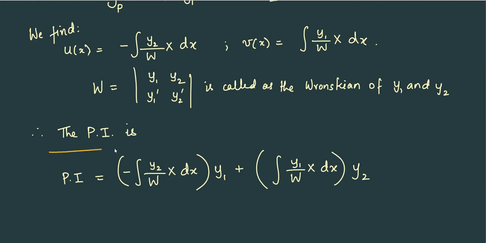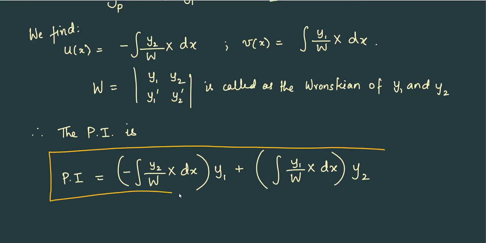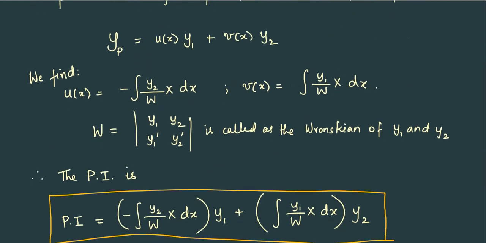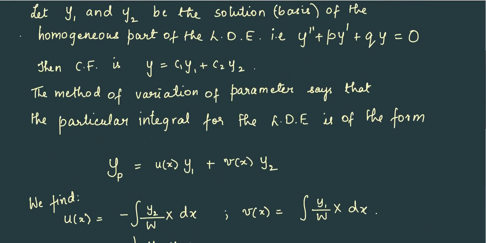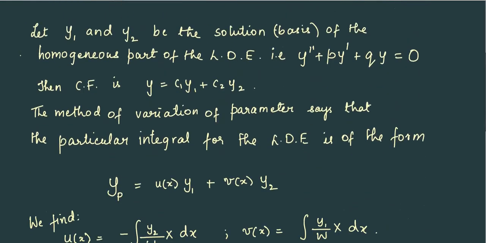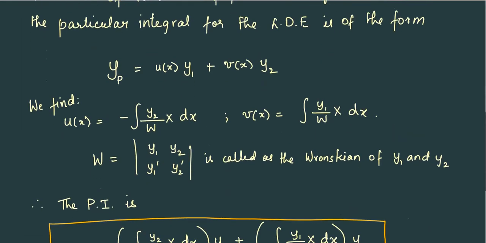This has to be remembered. This is applicable for all types of functions where p and q may be constant, so it may be a linear differential equation with constant coefficients, or it is valid for p and q being some other functions also.